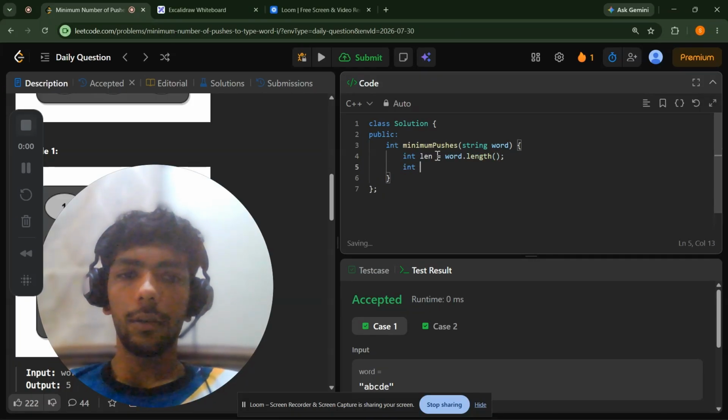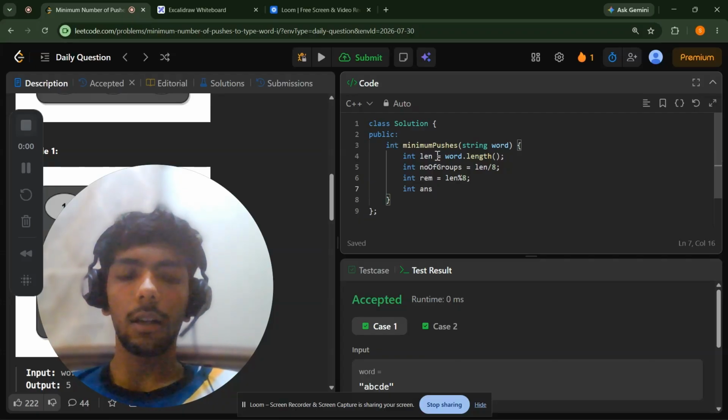Number of groups is nothing but len divided by 8. rem equals len modulo 8.